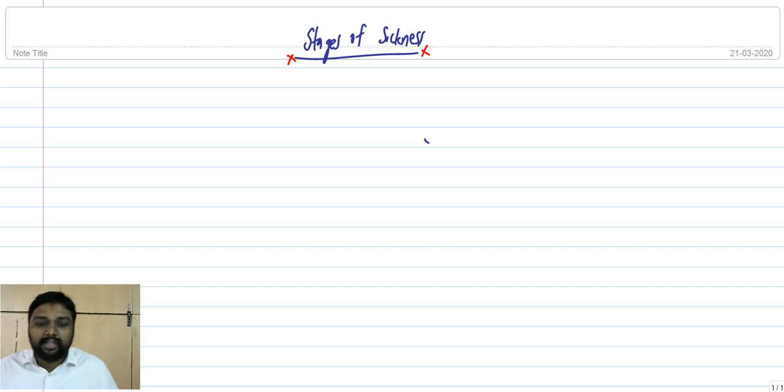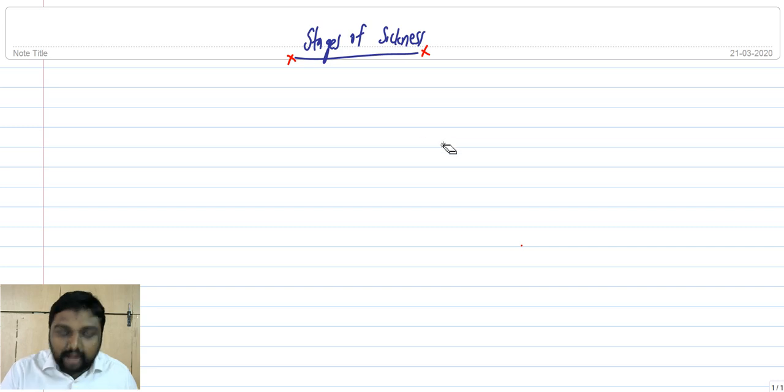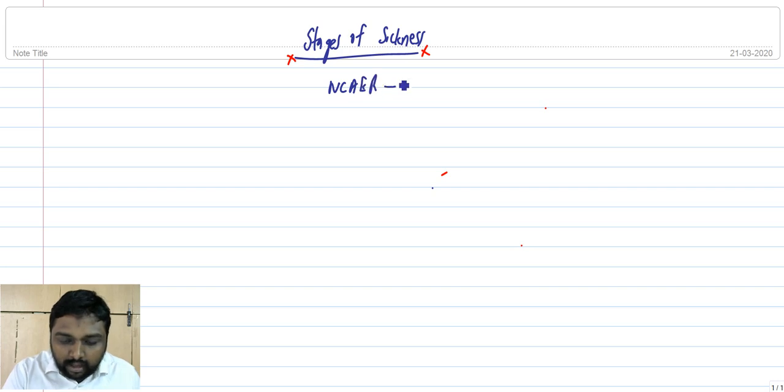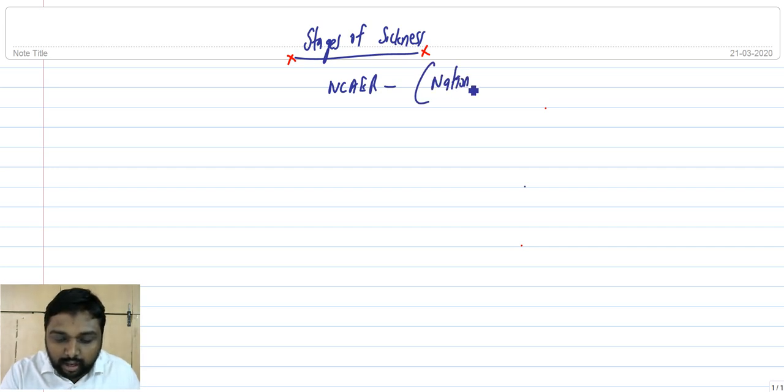Stages of sickness. We have discussed that the Altman Z score is given by Altman. Now the stages of sickness is an Indian-derived concept from NCAER, the National Council for Applied and Economic Research.